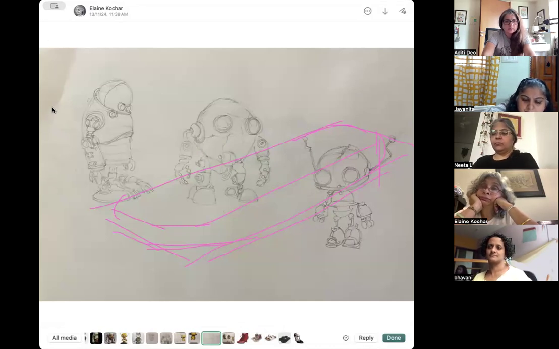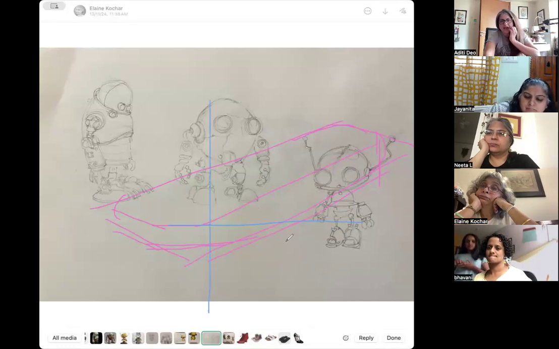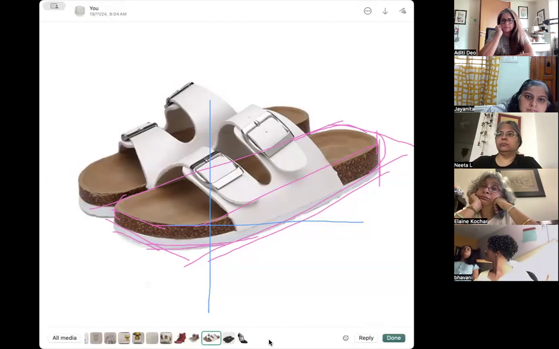If this is the horizontal and vertical, you will see them as lines and angles, not as the side of a shoe. And that is what I want you to be able to perceive even when we are looking at the original picture.